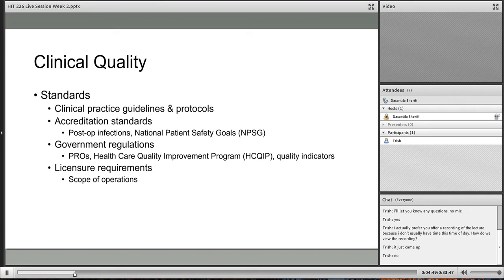And then there's government regulations that started pretty much early on in the 90s with the peer review organizations. That's what PRO stands for, peer review organizations. And then they developed the healthcare quality improvement program. And down the road, they have the quality indicators such as core measures.